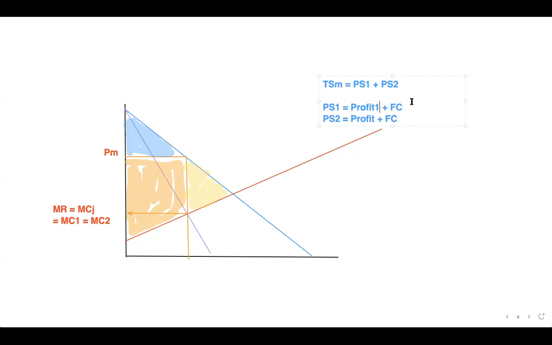So I'll put profit for firm 1, fixed costs for firm 1, profit for firm 2, fixed costs for firm 2. When you're working through the problems, if you've already computed profit and you already have the fixed costs, instead of drawing out a diagram, you can just add the numbers and move on. It can be quicker.